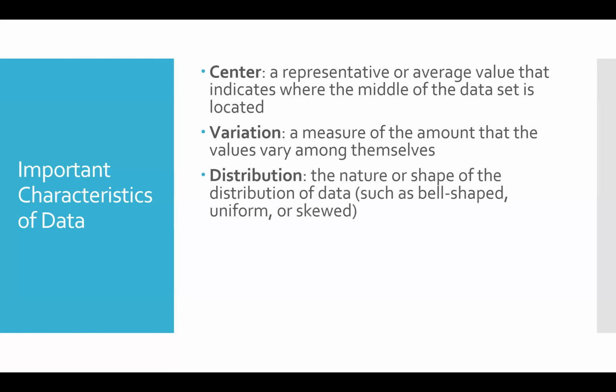Third is distribution. Distribution has to do with the shape of the data. Are all of the data clumped together on the low end, or on the high end, or in the middle? Do they all seem to be the same?